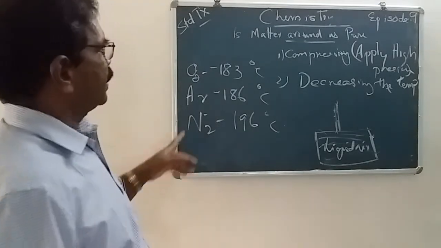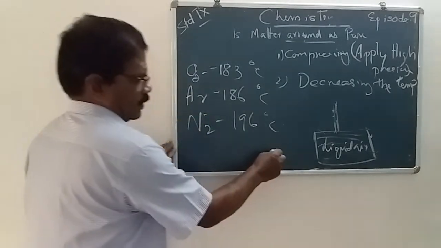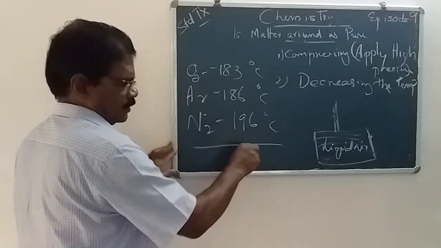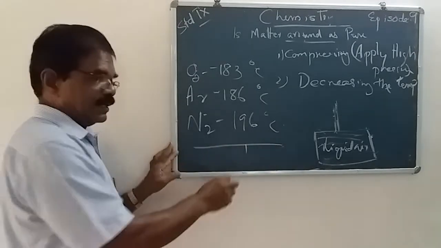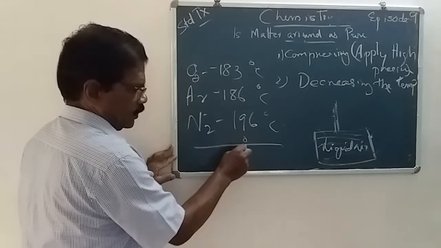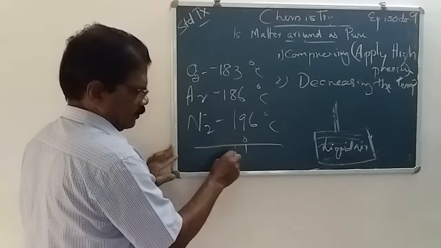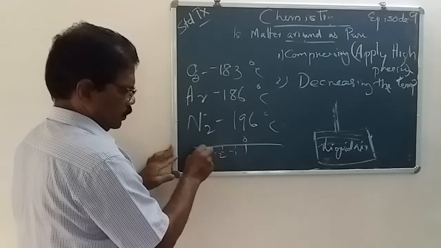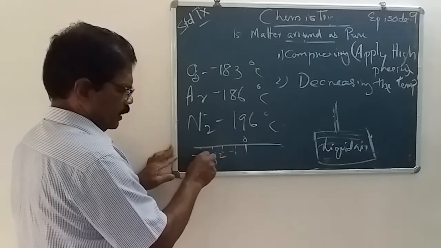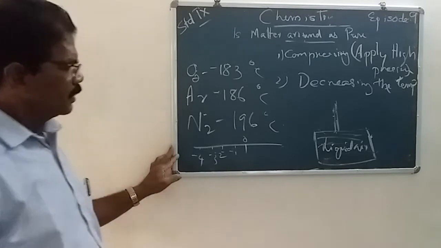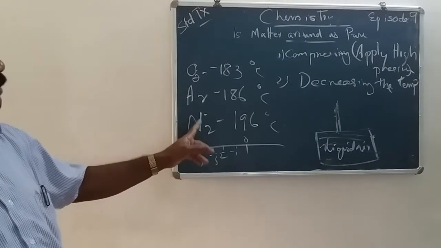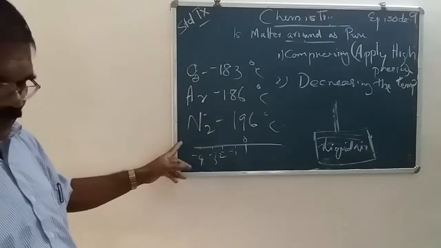Then we must have a clear idea about it. On the number line, as you have studied, this is 0, -1, -2, -3, -4, -100, -150, -180.